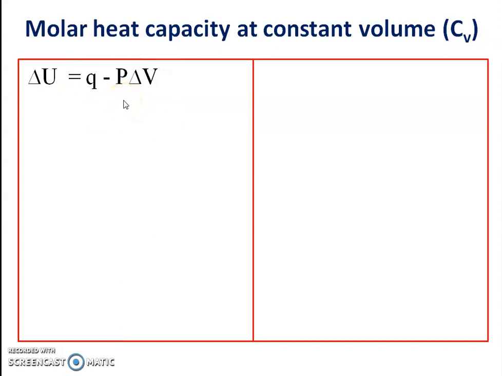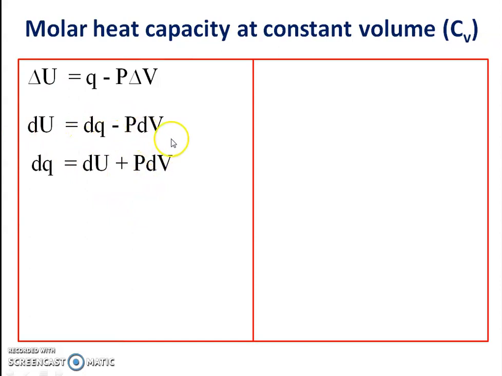According to the first law of thermodynamics, the change in internal energy is equal to Q, the heat supplied to the system, minus P delta V. For a small change, we can write dU is equal to dq minus P dV, for an infinitesimally small change in internal energy.